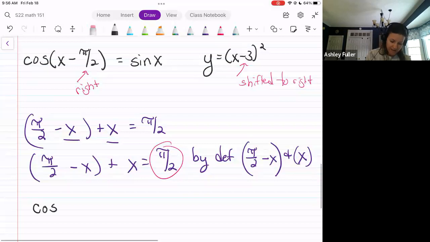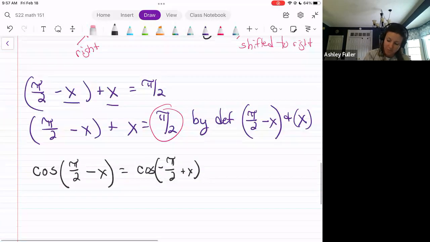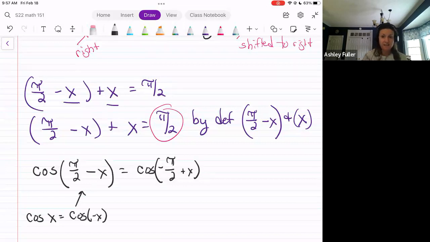If we take the cosine of pi over 2 minus x, I can rearrange that to the cosine of negative pi over 2 plus x, because remember, the cosine of x is equal to the cosine of negative x, since it's even.